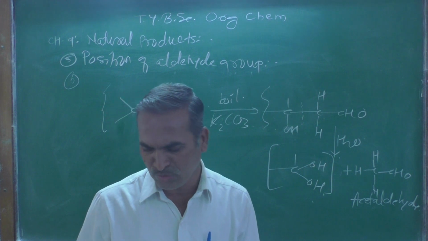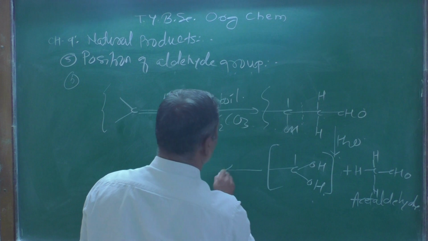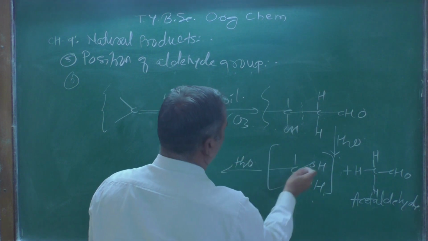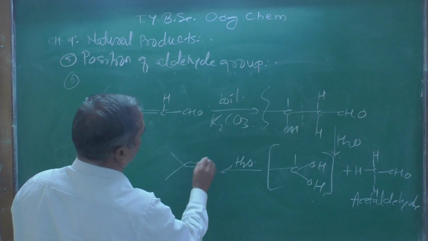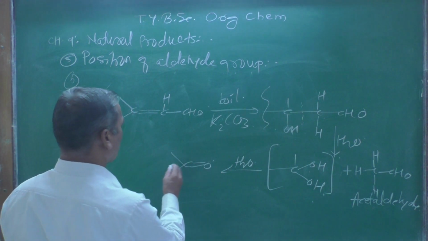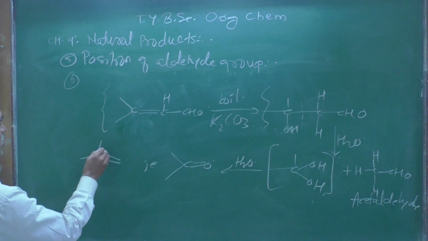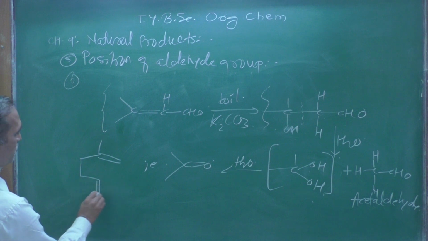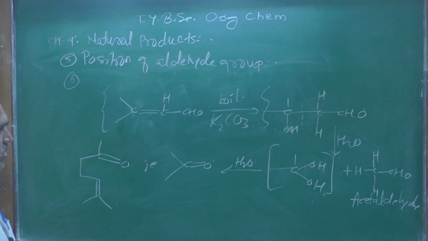And a gem diol is very unstable; when further treated with H2O, it gets converted into a carbonyl group like this. This is the ketone we got over here, and this is nothing but the compound which we got over here. We get the oxygen atom here, and this is nothing but a heptanone, right?